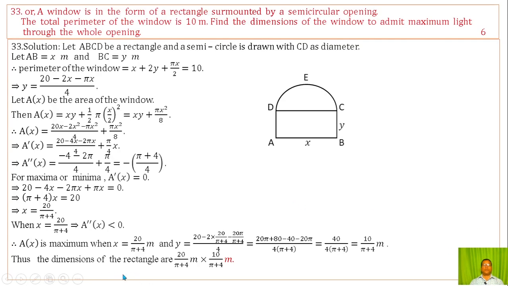Thus, the dimensions of the rectangle are 20 by pi plus 4 meter by 10 by pi plus 4 meter.